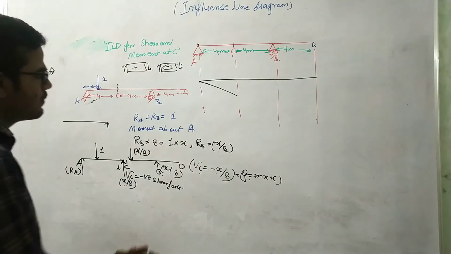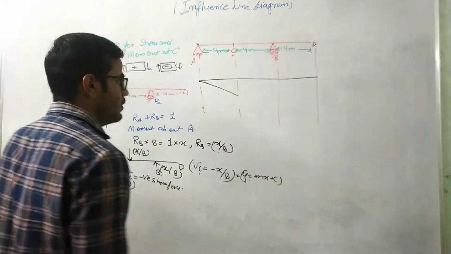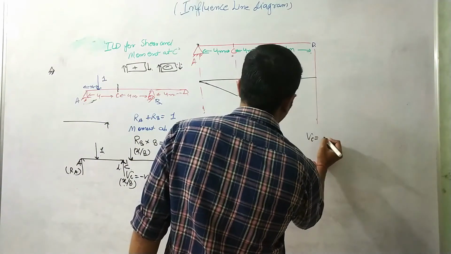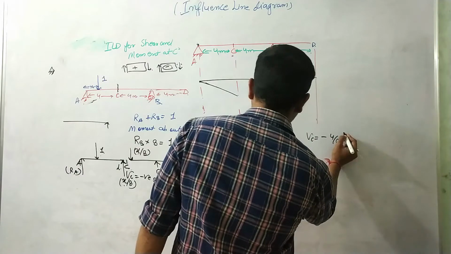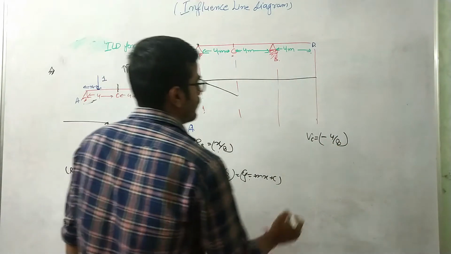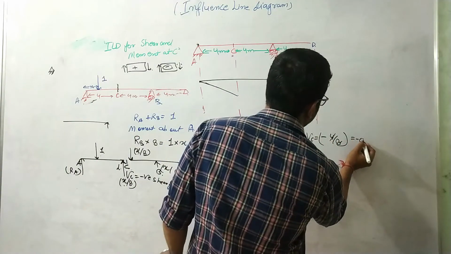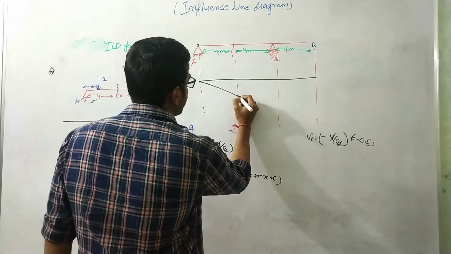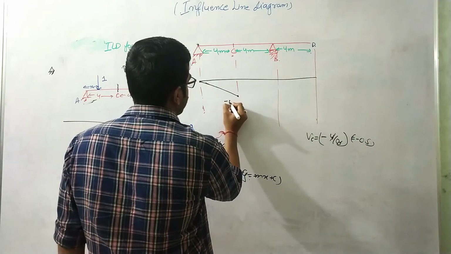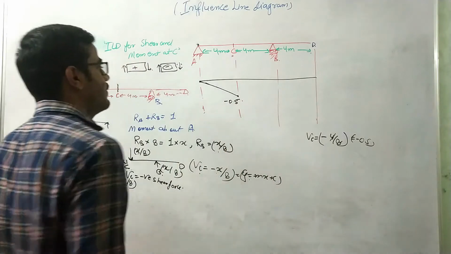Now at x equals 4, what should be the value? At x equals 4, VC equals minus 4 over 8. Okay, so it is nothing but minus 0.5. So at this location, the value is minus 0.5.